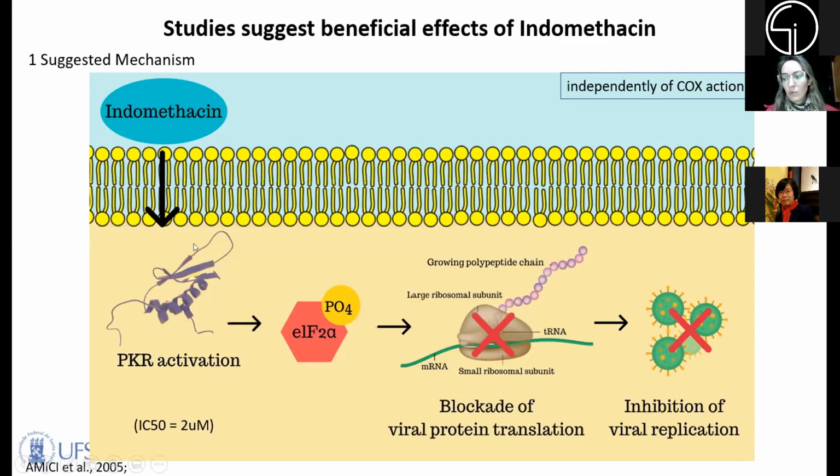Indomethacin induces PKR activation independent of interferon and double-stranded RNA. And PKR phosphorylates this factor. These events result in block of viral protein translation and inhibition of viral replication with an IC50 of 2 micromolar.